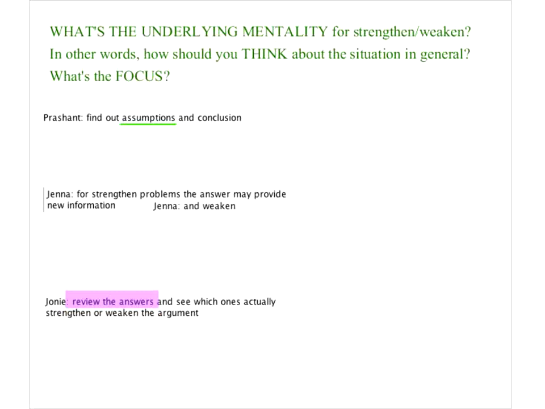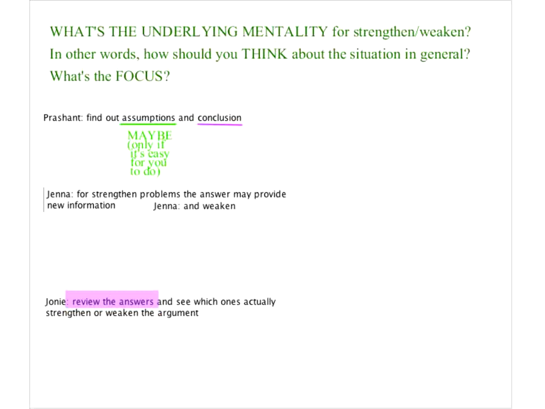Find out assumptions, maybe, only if it's easy for you to do this. Like if you can see very, very clearly what the assumptions are, then that might help you. But you can definitely tell whether things strengthen or weaken arguments without having to explicitly point out assumptions. So that's not a necessary thing to do. But the conclusion, yes.